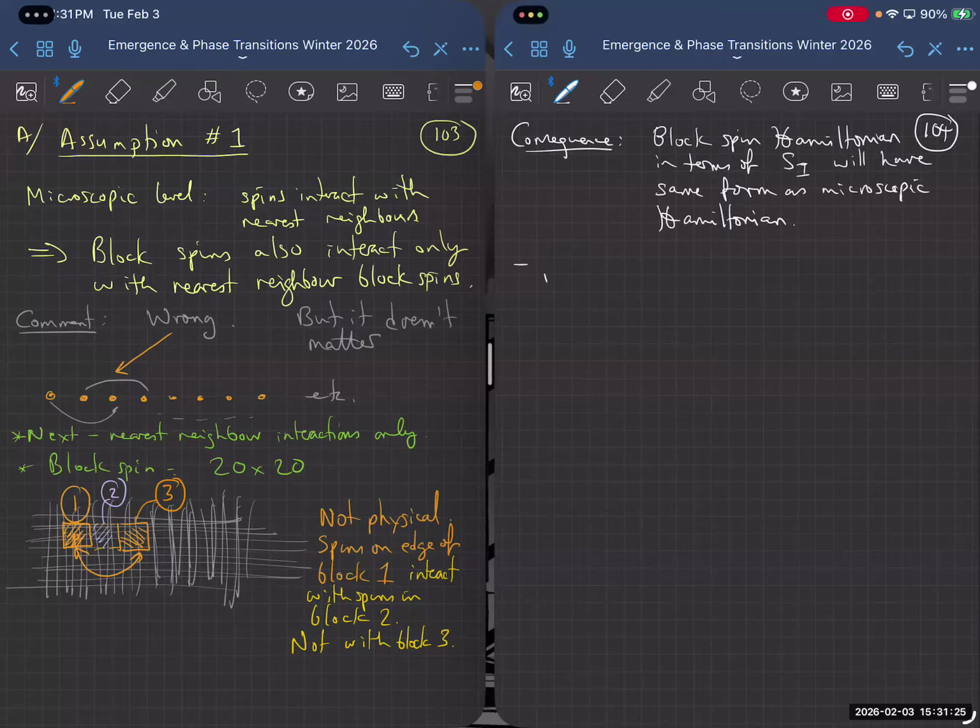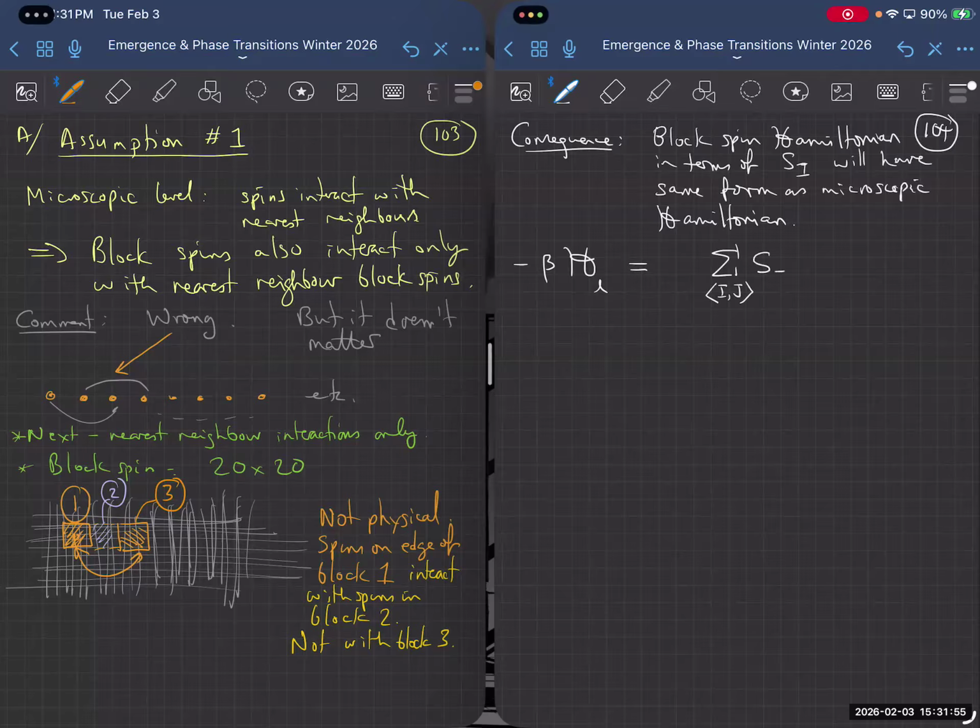I'm going to call it minus beta H_L, and I'm going to multiply by minus beta just to stop having to write factors of kT and minus signs. The L is the scale of the block spins. It's going to have the same functional form as the original Hamiltonian.